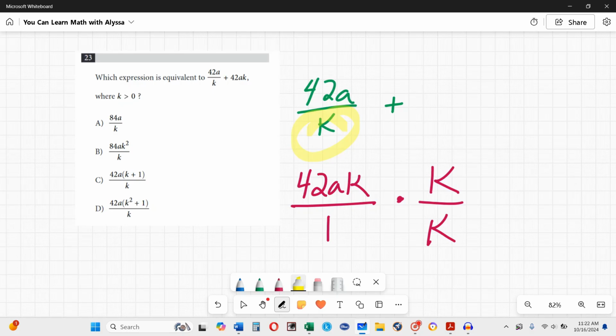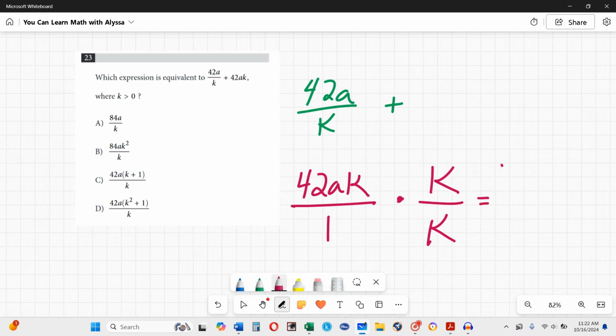But why can I multiply by k over k? Isn't that changing things? No, because we're told k is greater than 0, so it's not a 0. Any number that is not a 0, if you put it over itself, it's the same as 1. 5 over 5, a million over a million, x over x, those are all just equal to 1. So k over k is 1. If I multiply this by 1, I'm not changing anything.